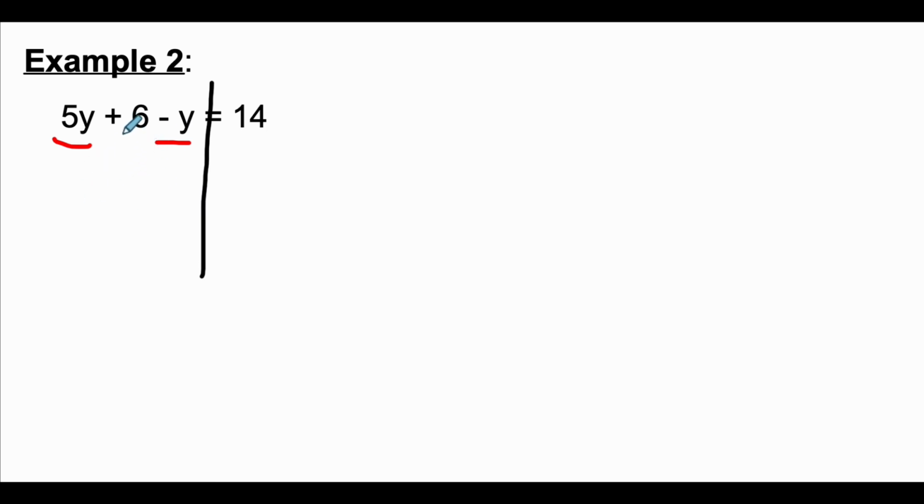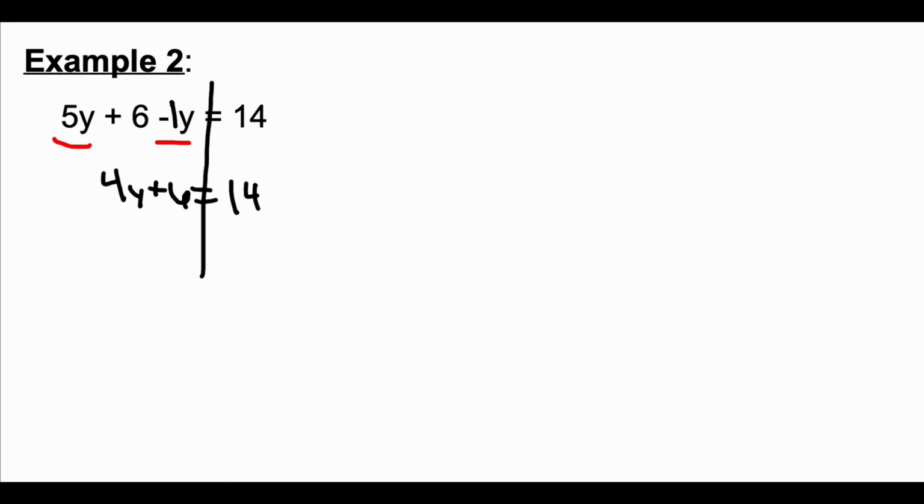So since they're on the same side, they can be combined together, just like you would have combined things a couple units ago earlier in the year. 5y minus, there's a 1 there, even though we don't see it. So 5y minus 1y is 4y, and plus 6 didn't have any like terms, equals 14.